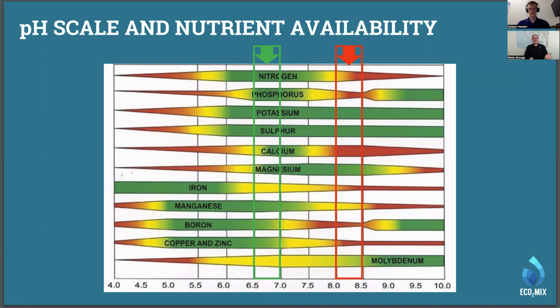Phosphorus, another major nutrient. The worst scenario regarding its availability is at the most common water pH in the Central Valley, between 8 and 8.5. Iron, responsible for chlorosis on leaves and important to transport oxygen. Manganese influences plant growth and participates in the photosynthesis process.